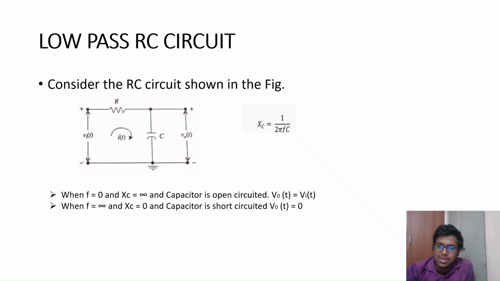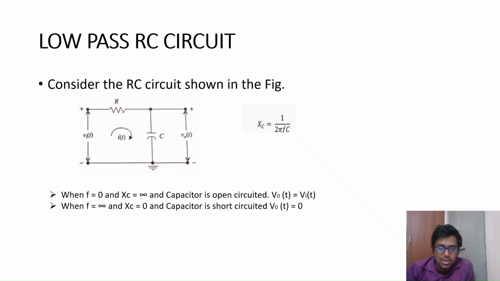And we know the reactance of the capacitance is Xc equal to 1 divided by 2 pi Fc. Now I am considering the case that I am going to apply a low frequency signal, that is F is equal to 0. Whenever F is equal to 0, according to this formula, my Xc value will become infinite, which means that the capacitor is open circuited.